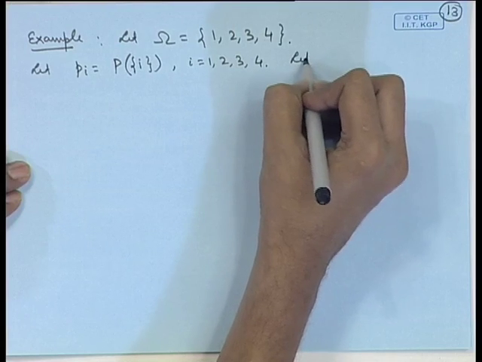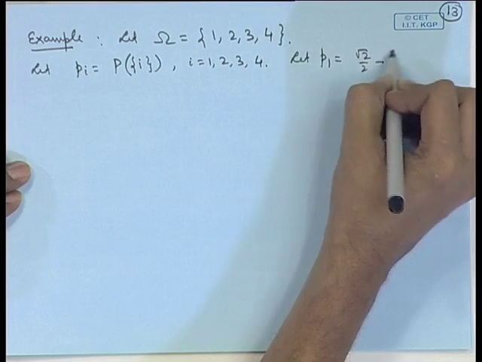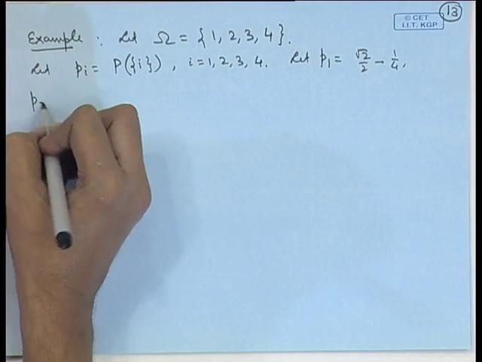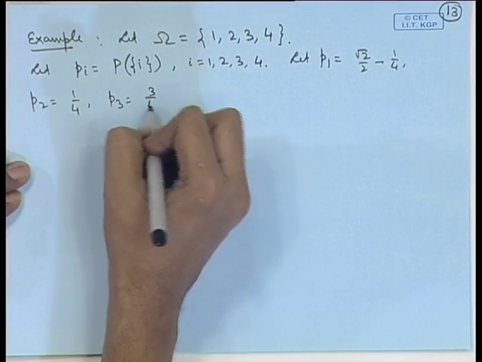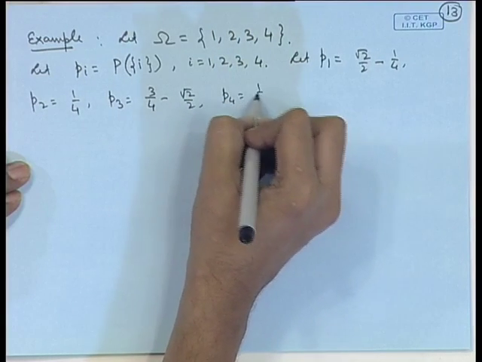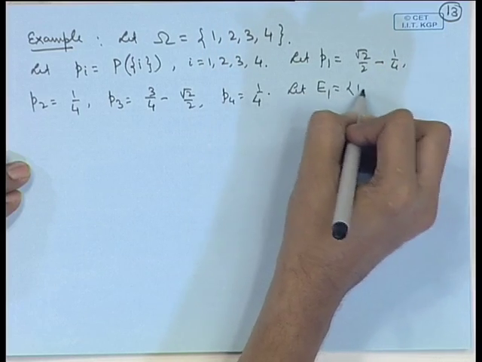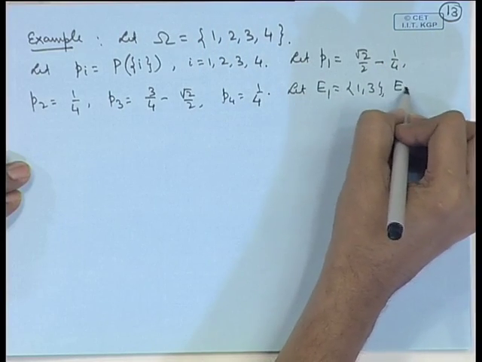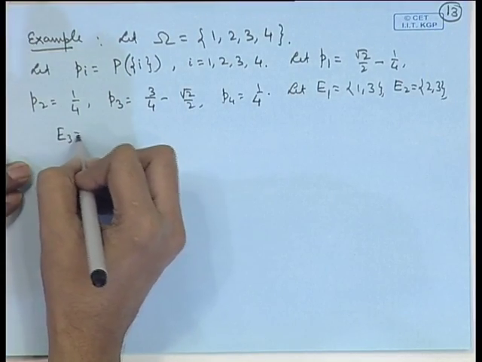Let us define, say, P 1 is equal to root 2 by 2 minus 1 by 4, P 2 is equal to say 1 by 4, P 3 is equal to 3 by 4 minus root 2 by 2, P 4 is equal to 1 by 4. Let E 1 be equal to {1, 3}, E 2 be equal to {2, 3}, and E 3 is equal to {3, 4}.